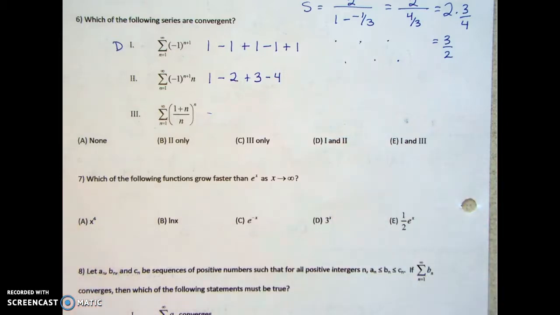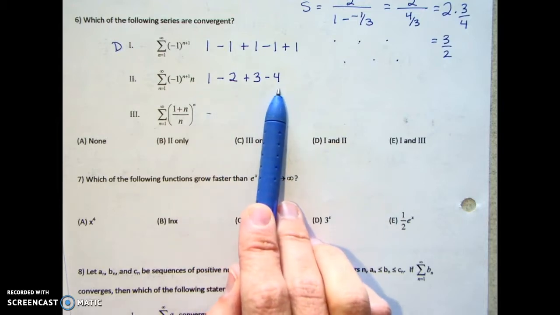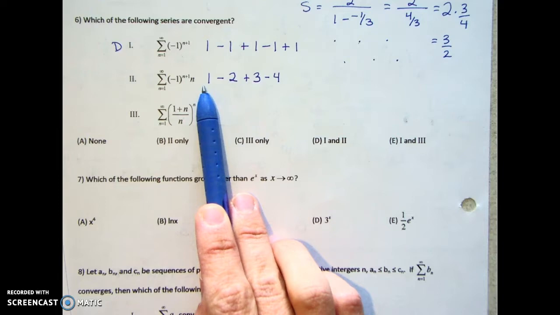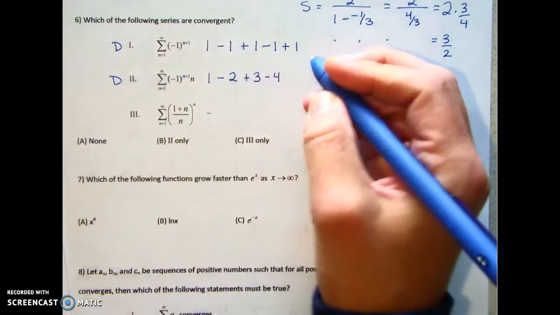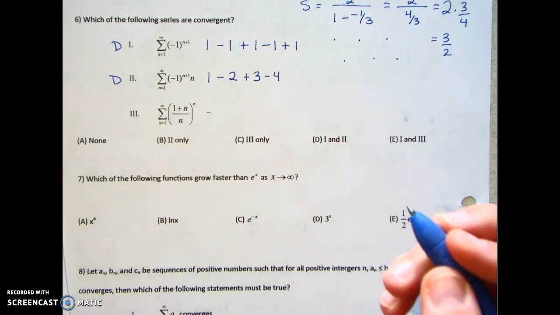You could also do the alternating series test. We could do it just by looking at it. Is the next term less than the previous term? Is 2 less than 1? No. So this diverges because it fails the alternating series test.